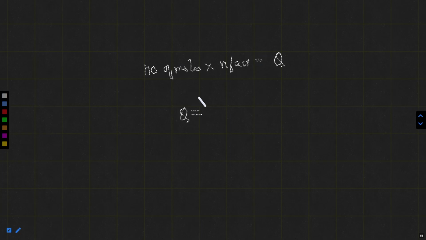It is 1. N factor for Al3+ is 3. So this will be in coulomb. If you have to find it for Faraday, simply multiply by F. So this is 3 Faraday. It is your answer. Is it clear?